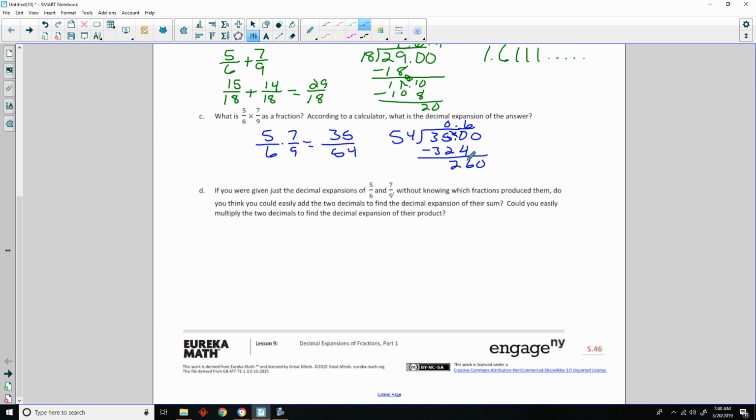54 will go into 260 4 times. 4 times 4 is 16, 21. Subtract, and we get 10 minus 6 is 4, and 5 minus 1 is 4. And 54 will not go into 44. Did I do that right? Well, I bring down a 0.